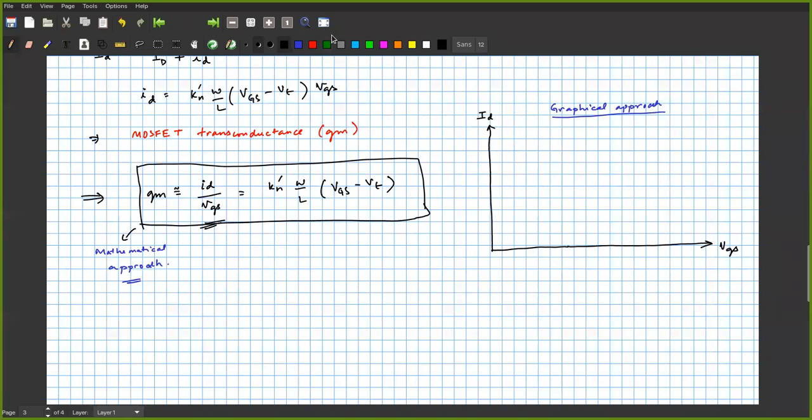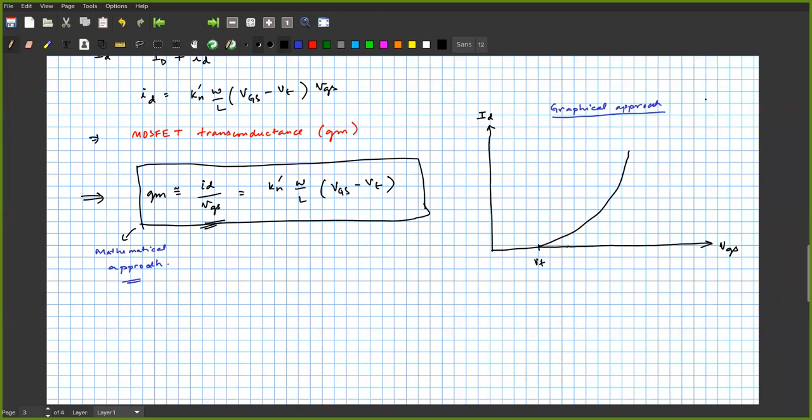Sorry, in transfer characteristics. You have output characteristics and transfer characteristics, right? Output characteristics is ID versus VDS. Transfer characteristics is ID versus VGS. Here, once it reaches VT, your current will start increasing.